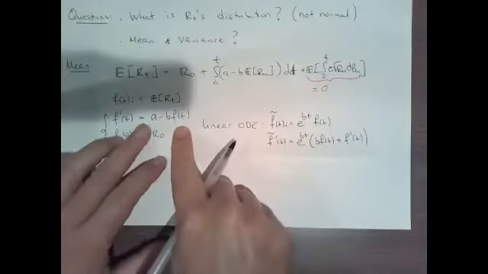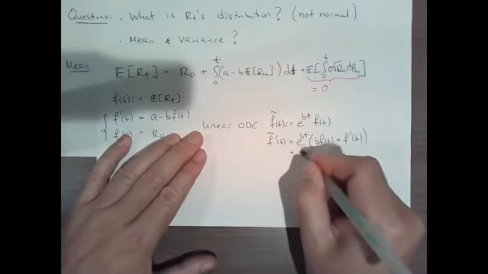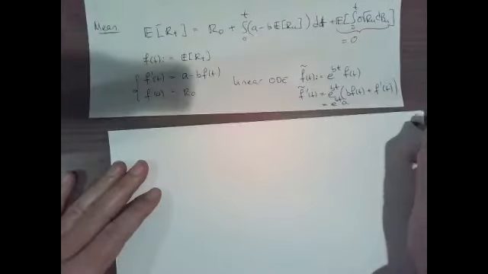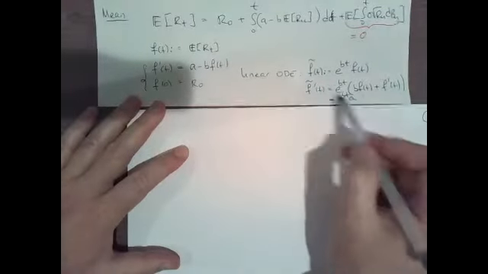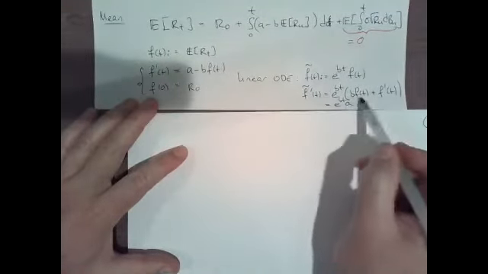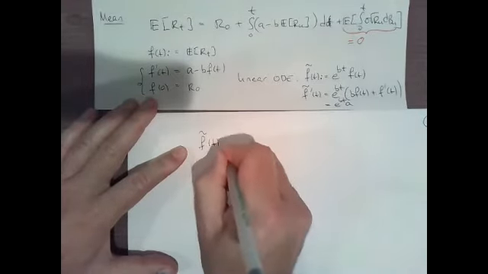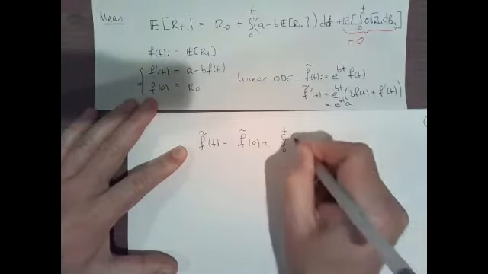And then you look at the form over here. It's going to be e to the bt times a. So now there's no f on the right-hand side. You can now write f tilde as the initial point plus the integral.